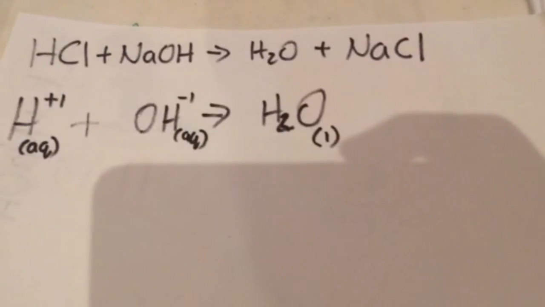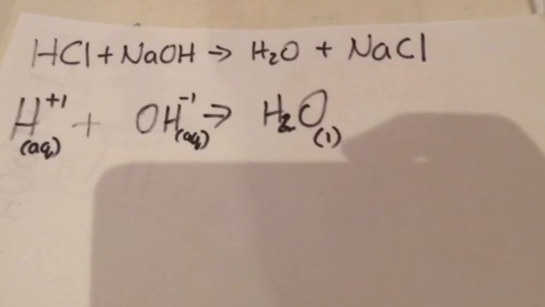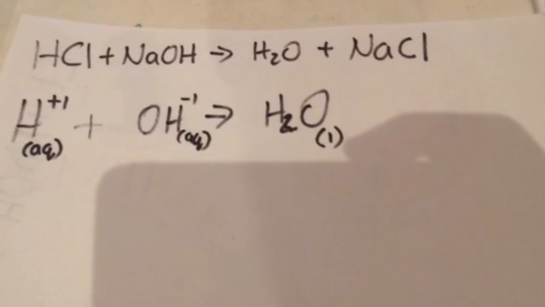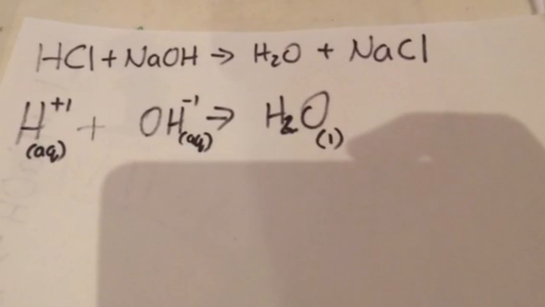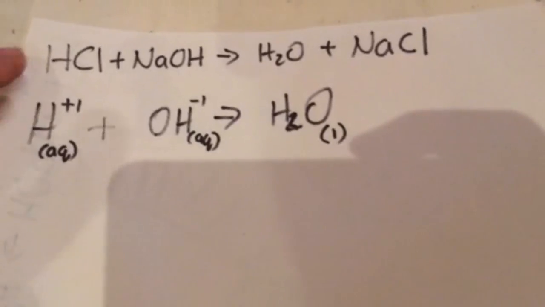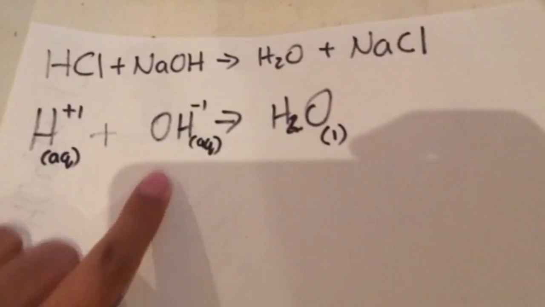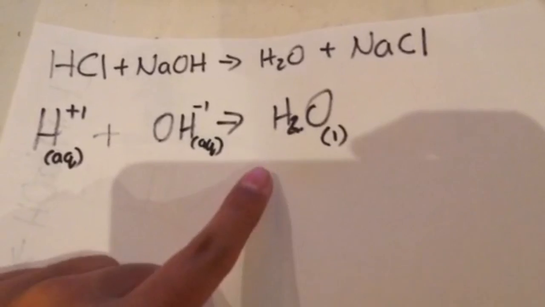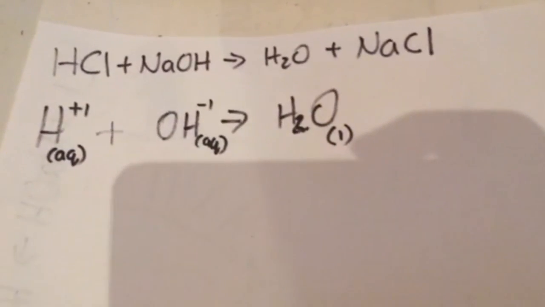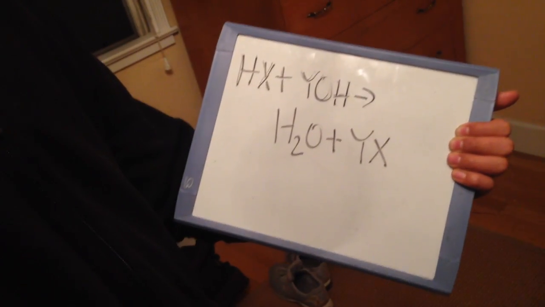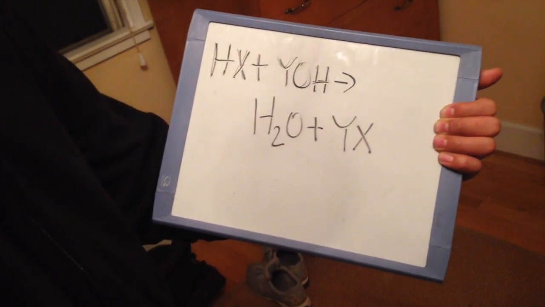Now, Mr. Sams, we have to write the net ionic equation. This is easy for a neutralization reaction because it always has water for a product. So we have H+ and OH-. These are both aqueous. They combine into H2O, which is a liquid, and we're finished. This is the general equation for an acid-base reaction.